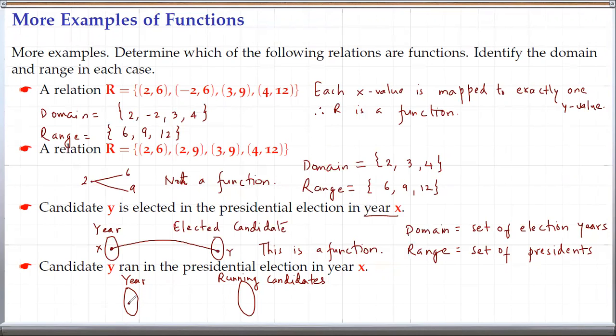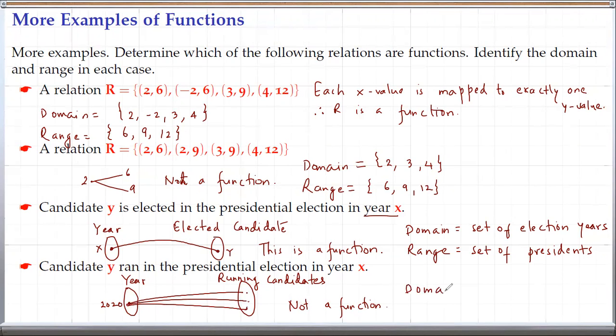Now, in this case, for any year, for example, 2020, we had a number of candidates running in the election. So maybe 3 or 4, we had a lot of candidates running in the election. So this is not a function because one X value is being mapped to a number of Y values. So this relation is not a function.